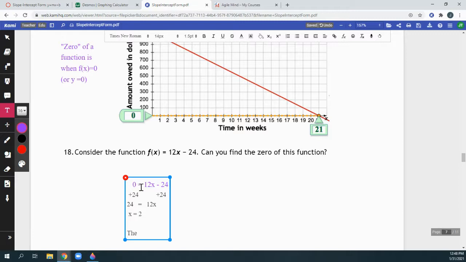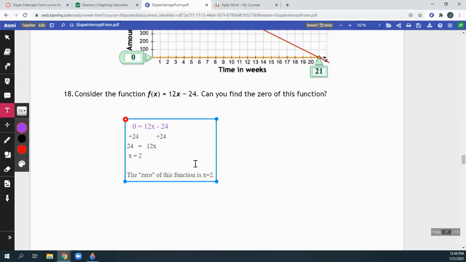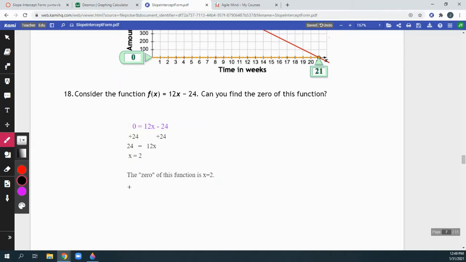The 0 is x equals 2. So what the heck does that even mean?